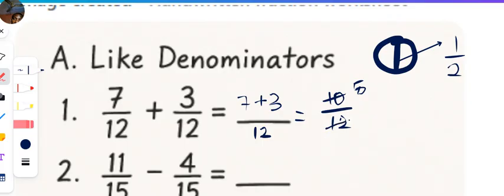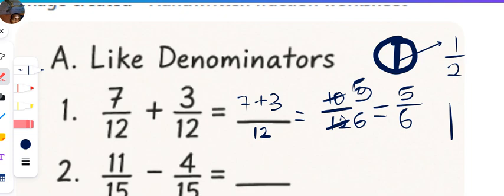And 12 divided by 2 is 6. So let me write this 5 very well. That's 5 over 6. So that's our answer for that first question there. 5 over 6.